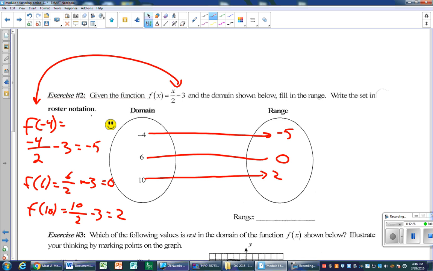Notice that each one of these only goes to one number. Domain goes to only one range. For each input, there's only one output. That's the definition of a function.